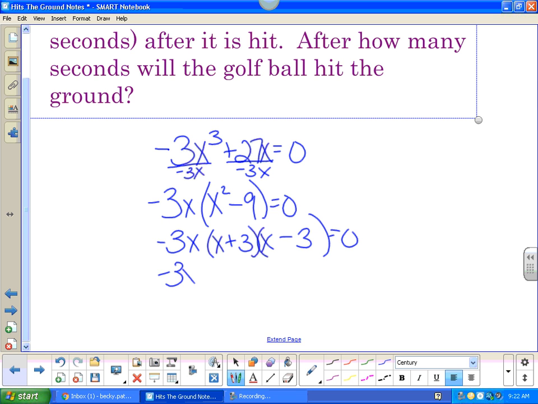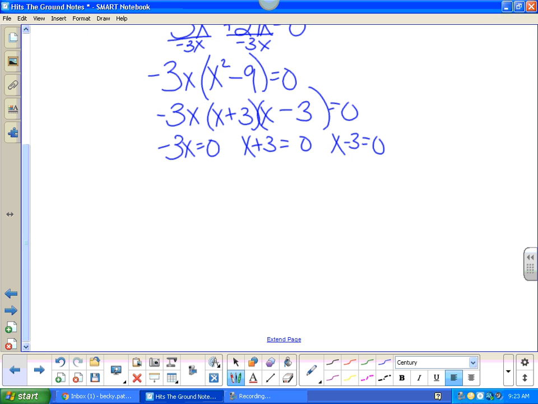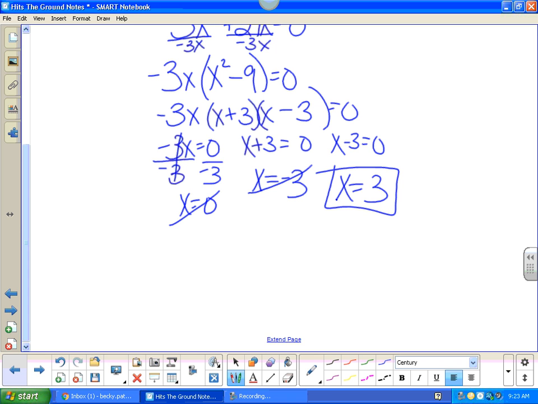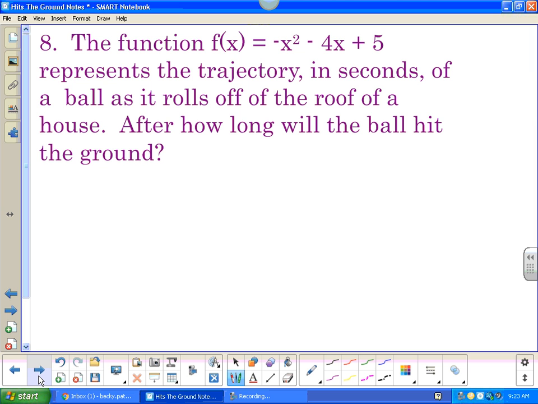Then set them all equal to 0. This one has an x, so we have to solve it. That one's going to give me a -3, and that one's going to give me a +3. I don't want the negative, I don't want the 0. 3 seconds. Golf ball's in the air.